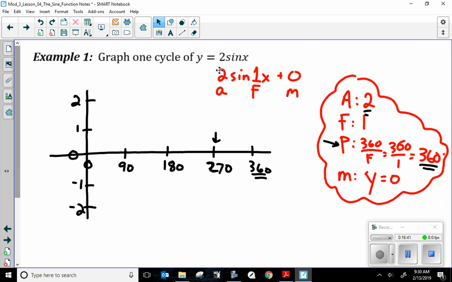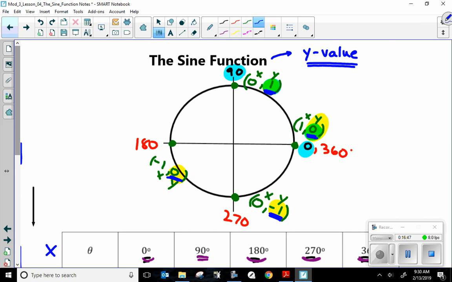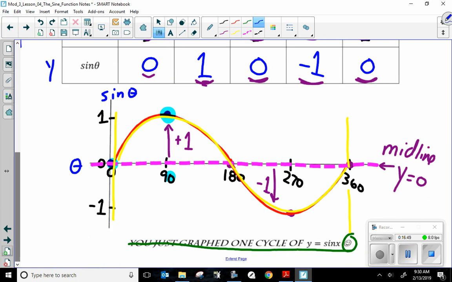So again, the way I graph this is I know that sine starts at 0, it ends at 0, and the middle is 0. Then it goes up in between the first two, and down in between.